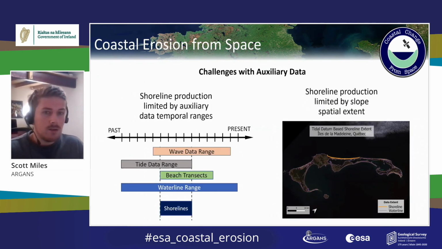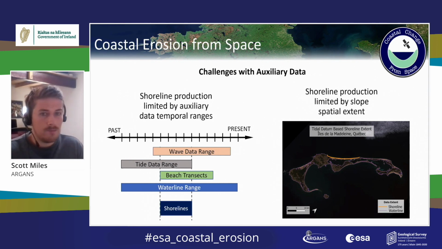Using a wide range of auxiliary data allows for consistent, accurate shorelines. However, using multiple sources of data comes with a significant cost. First, sourcing data with the same temporal range is quite challenging, and this means that only on dates where all the data is available is it possible to construct the shorelines.